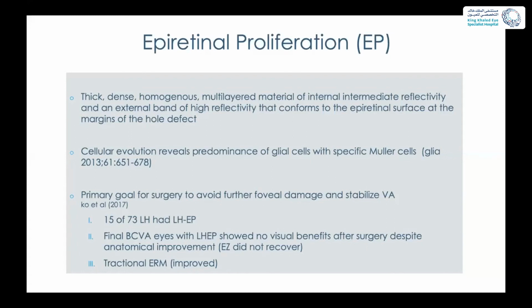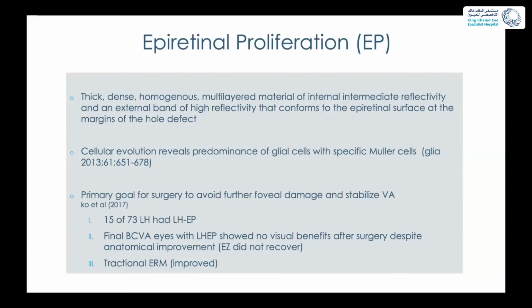This is one study by Co et al. in 2017. They had 73 patients with lamellar hole, 15 of them with lamellar hole with epiretinal proliferation. The final best corrected visual acuity in eyes with lamellar hole epiretinal proliferation showed no visual benefit after surgery, despite anatomical improvement. The reason is that the ellipsoid zone did not recover.